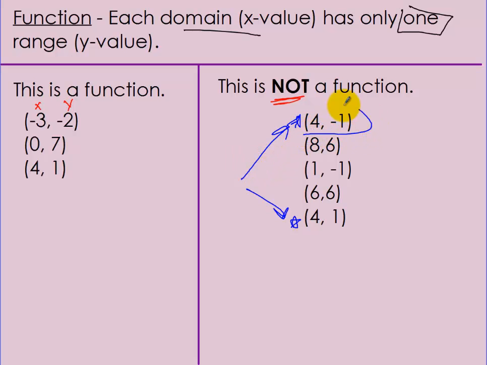So these two ordered pairs make this not a function. Now, you see these 6's: if x is 8, y is 6, and if x is 6, y is 6. This is okay, because we can have different x's with the same y values. We just can't have the converse. We can't have the same x with different y values.